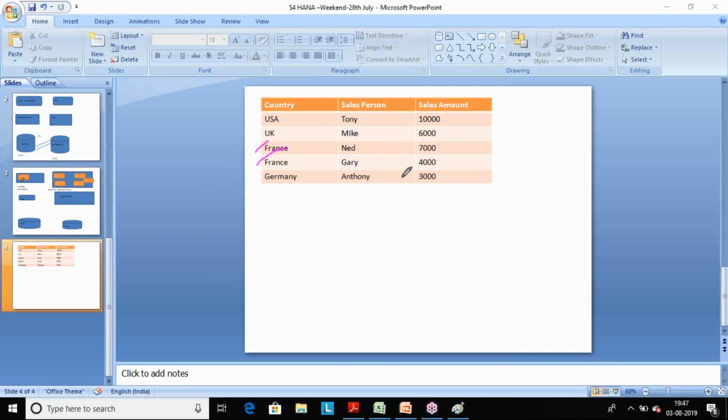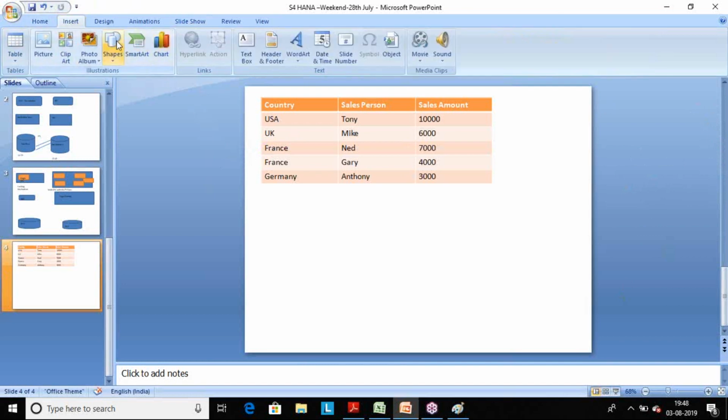Now they changed the structure from the traditional row and column system. Instead of this, we can store the data in a different way. This is your traditional approach.